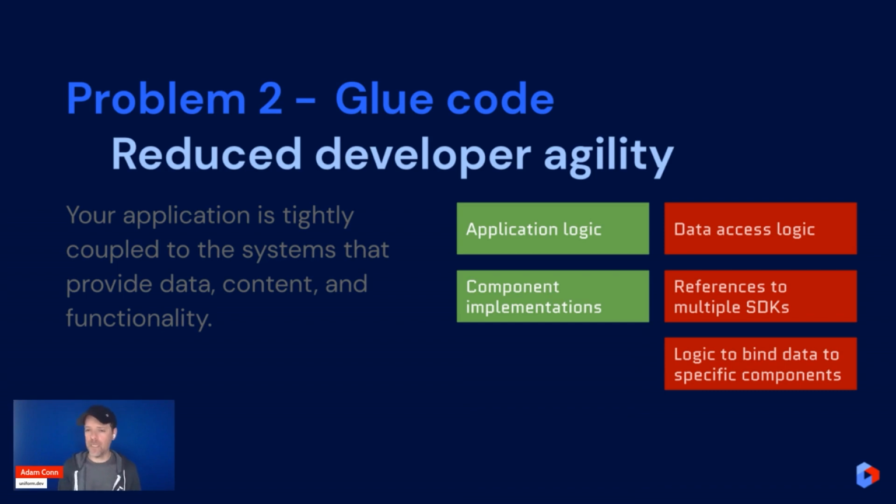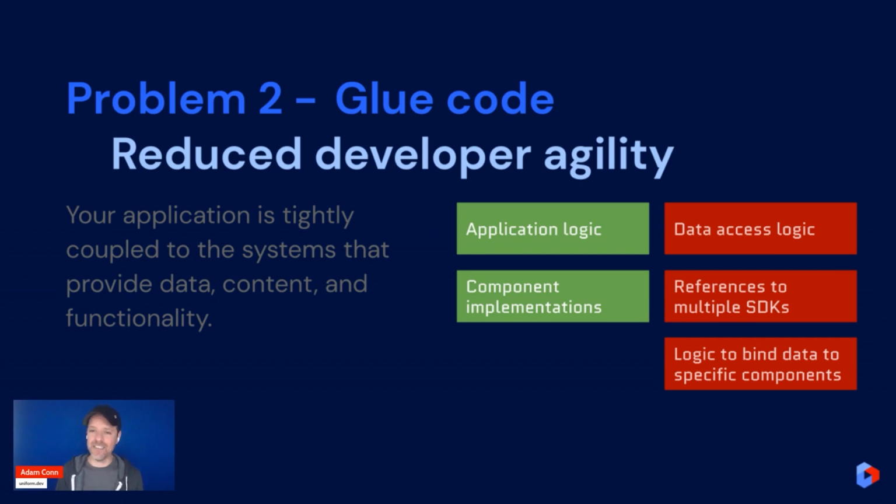But where it started becoming apparent that it was a problem is once you start adding more and more systems. Every new system you add, you need to learn a new SDK. You need to incorporate that into your application. This is the stuff that we call glue code because it makes those external systems sticky, both in the sense that they're hard to remove in the future if your requirements or your budget changes, but also in the sense that you're stuck with a lot of code that you need to maintain that does really routine tasks.